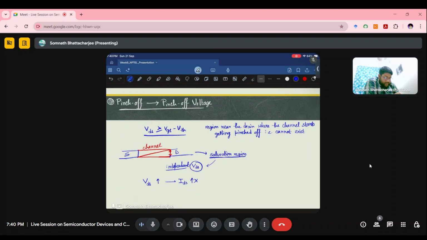So at a certain voltage, that is VP, the pinch off voltage, this is the point where the channel is pinched off. This voltage is called the pinch off voltage, and this is also another very important parameter.